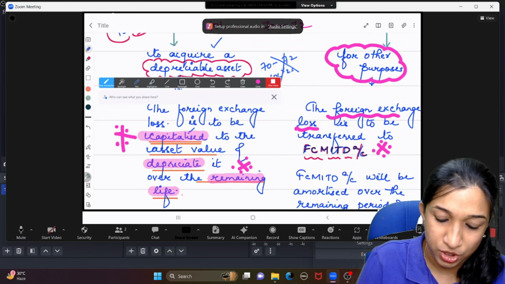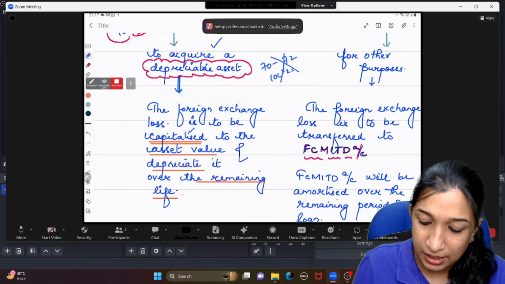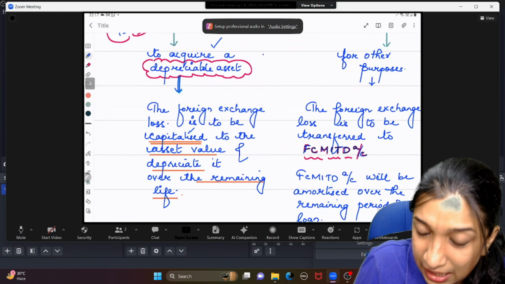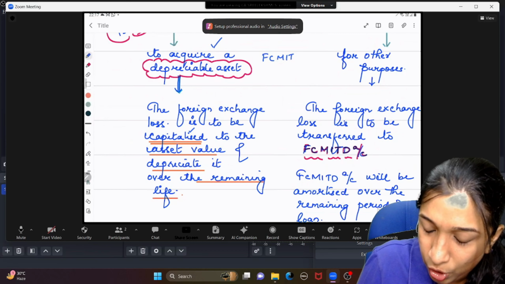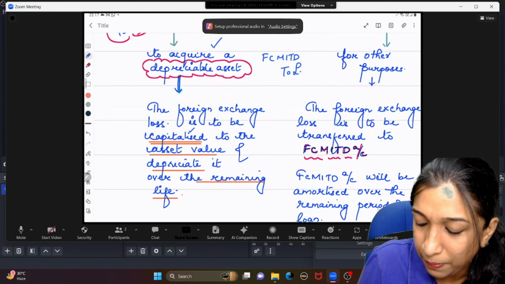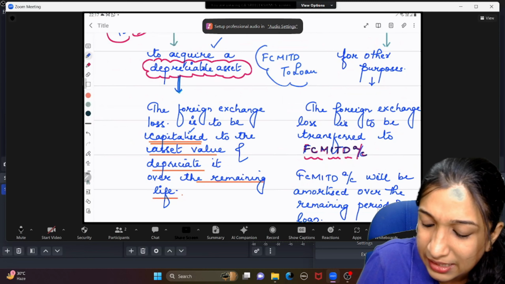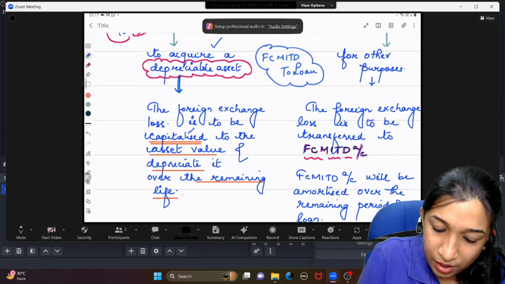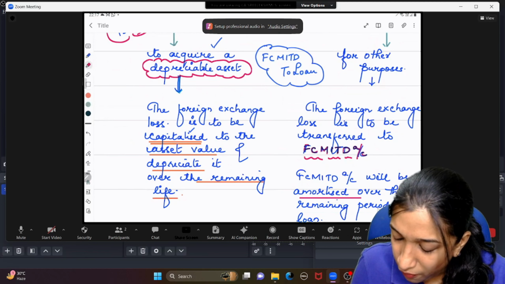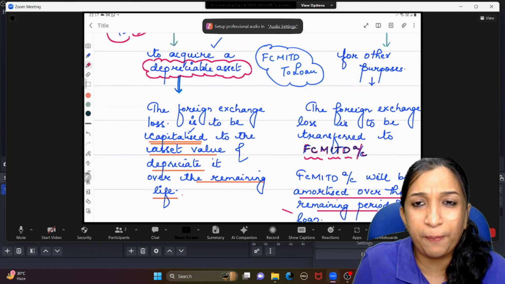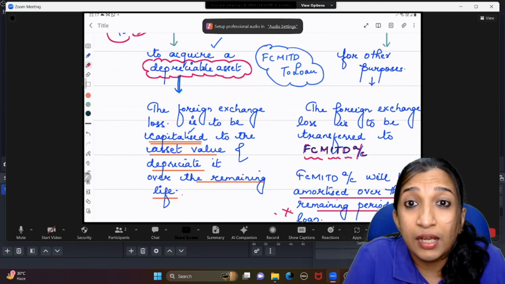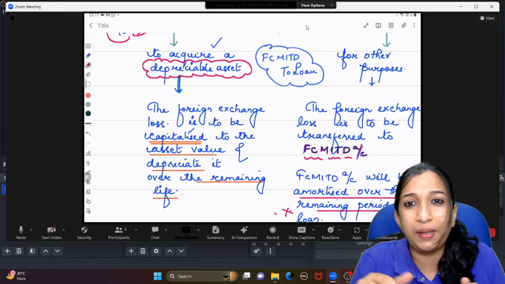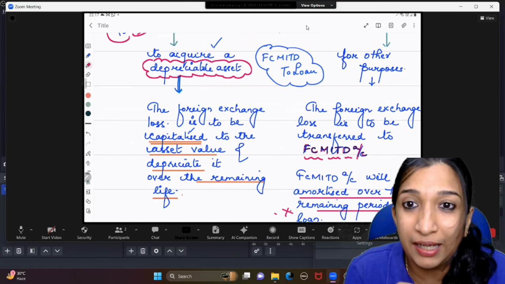So you can pass the journal entry like this. What journal entry you can pass? FCMITD account to loan. This FCMITD account will be amortized to P&L over the remaining period of loan.